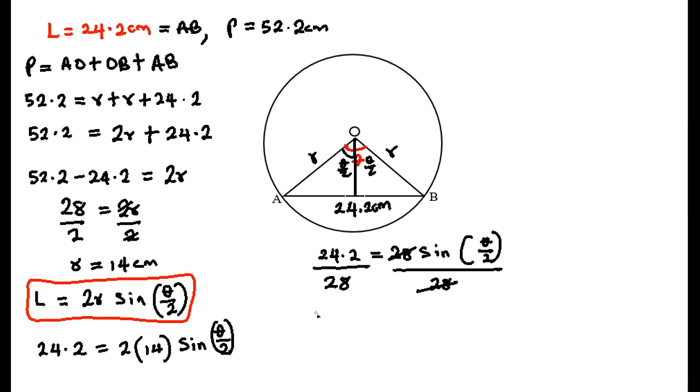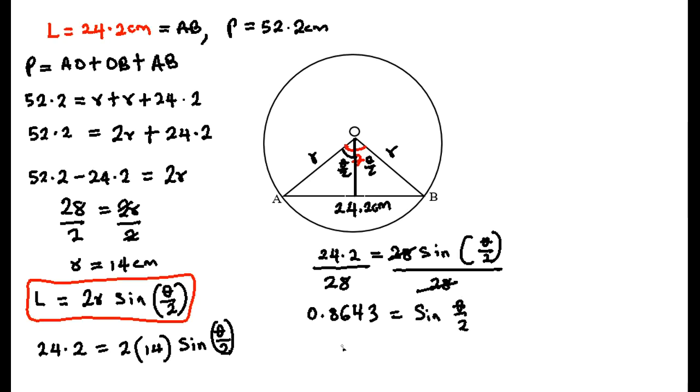Since I'm doing a trig problem, I will leave my answer in 4 decimal places. I will have 0.8643 equals sine theta over 2.